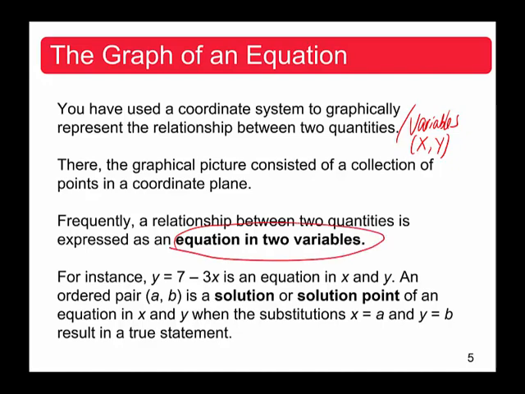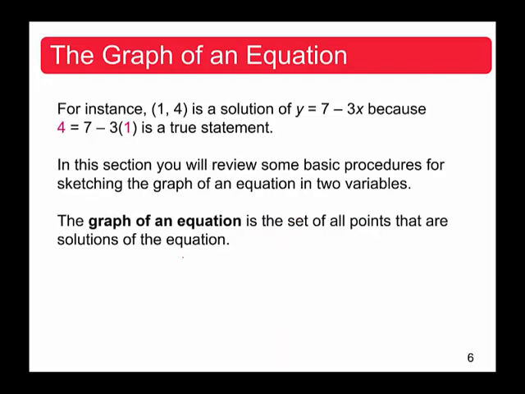For example, let's say y equals 7 minus 3x is the equation expressing the relationship between the x variable and the y variable. An ordered pair (a, b) is a solution or solution point of the equation when replacing x with a and y with b, you come up with a true statement. Okay, because both a and b satisfy this equation. For example, let's pick the point (1, 4). If you replace x with 1 and y with 4, then we come up with a true statement.